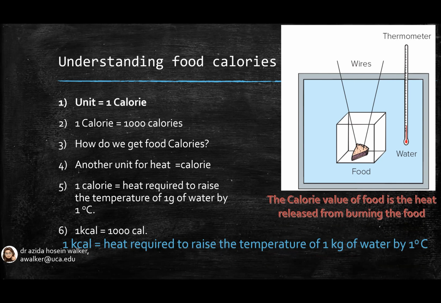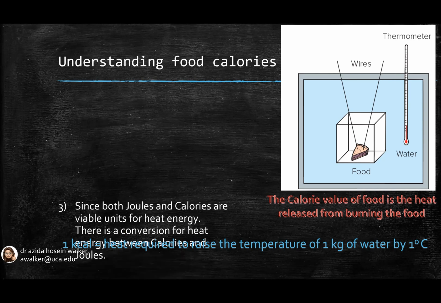And that energy that's written there is really the value of the heat that is released if we burn the food. That's how we can determine the energy content of the food from the heat released, because we just saw that heat is related to energy.